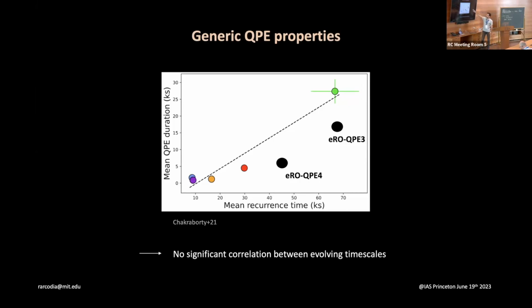For instance, QPE3 has a very long period, but the bursts are a bit shorter. QPE4 is somewhat intermediate, but this sort of scaling relationship doesn't need to apply.